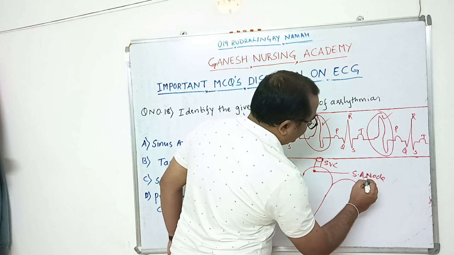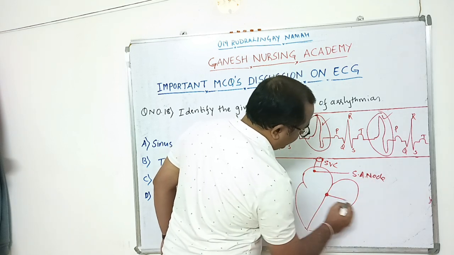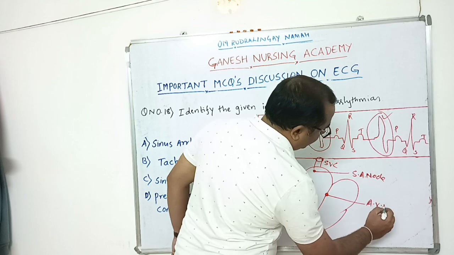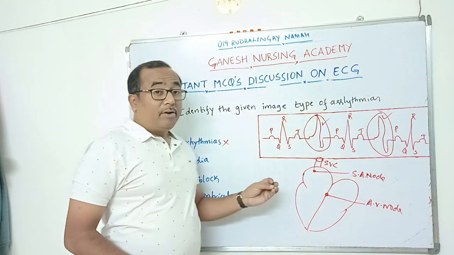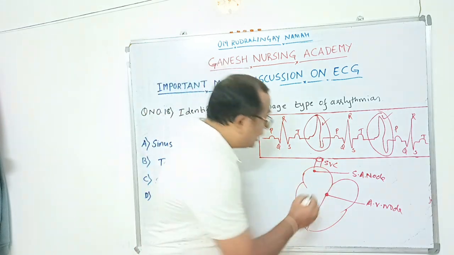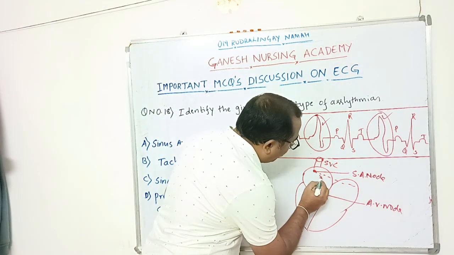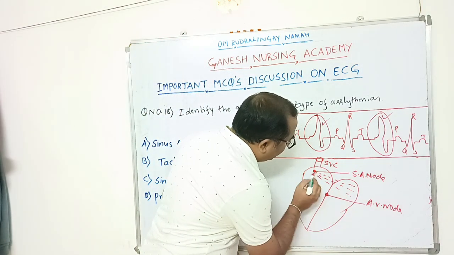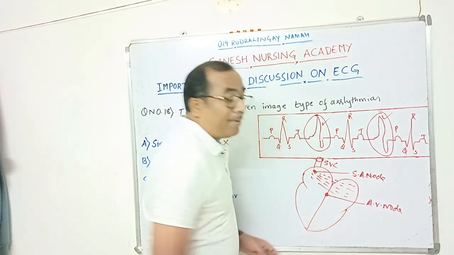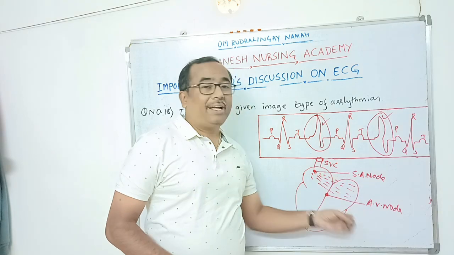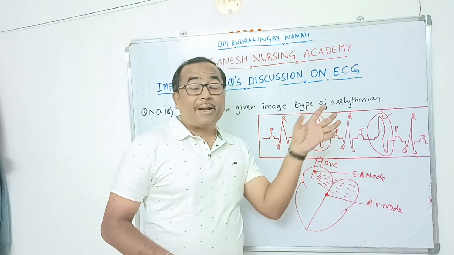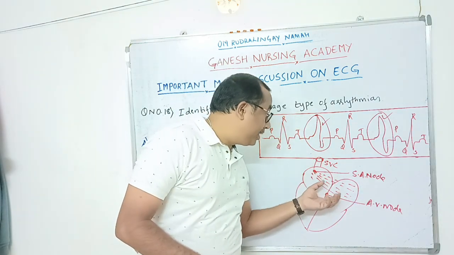Here we have the AV node. So what is this sinoatrial block? Sinoatrial block means there is a blockage in the transmission of electrical impulses from the sinoatrial node to the atrial chambers. There is no proper conduction of electrical impulses from the SA node to the atrial chambers.